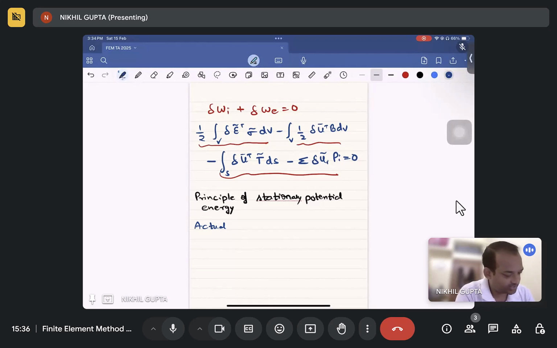What it defines is that the actual deformation corresponds to equilibrium for which the total potential energy assumes a stationary value.